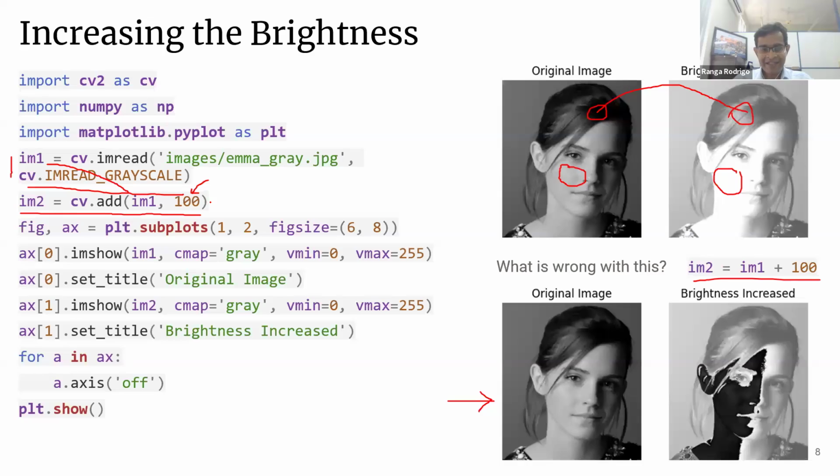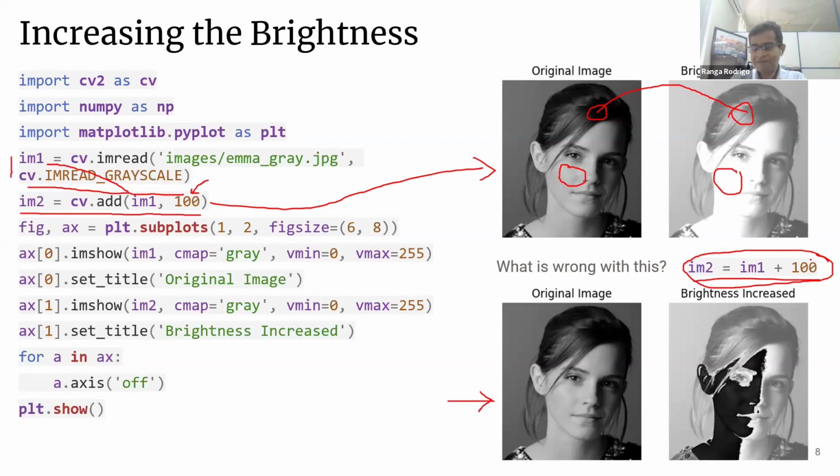Obviously, the cv.add operation has produced the correct output, but this operation has led to something wrong. What is the problem? Can you guess? It'll be good if you can type some answers, or you can turn on the mic and answer.